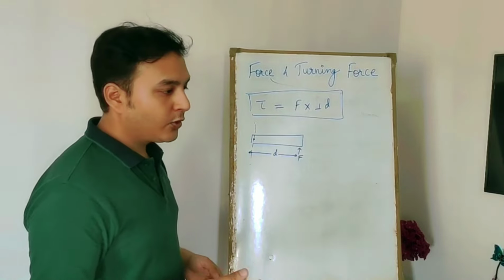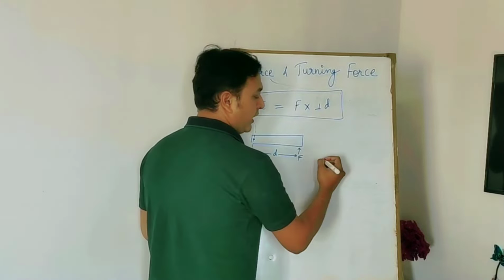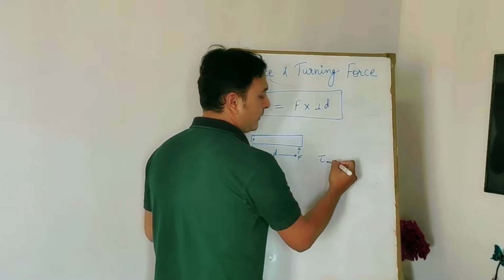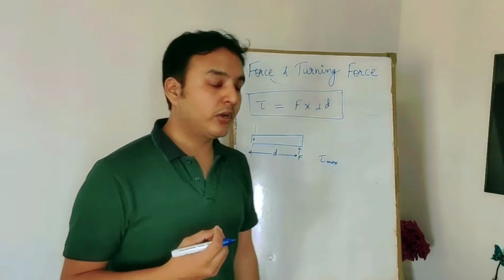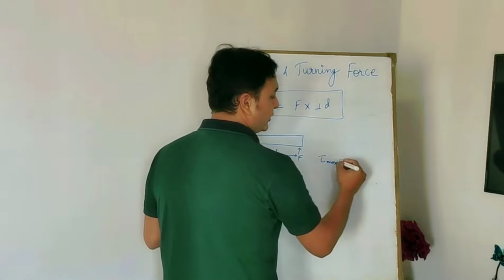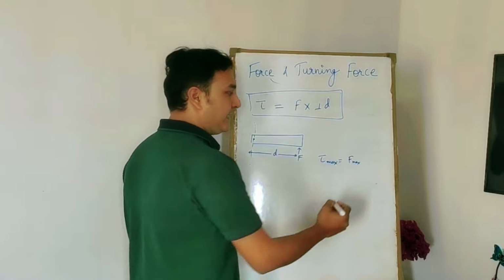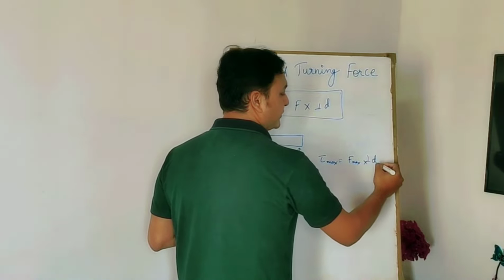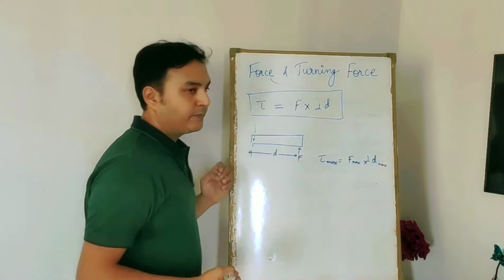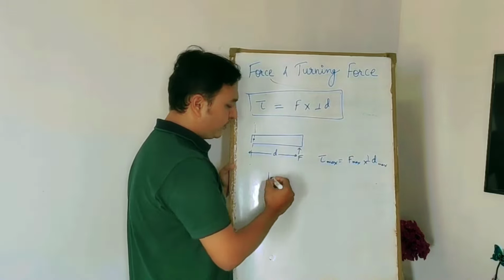Now, a question may arise: how to get maximum torque? In order to get maximum torque, or tau, we can apply a maximum force and take maximum perpendicular distance. I'll explain the example of a door.